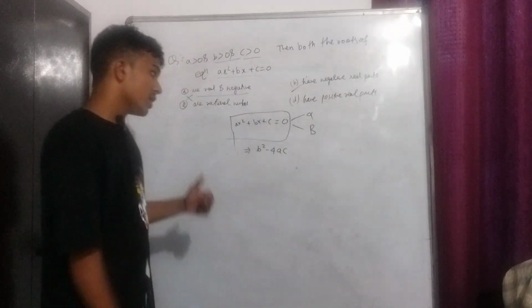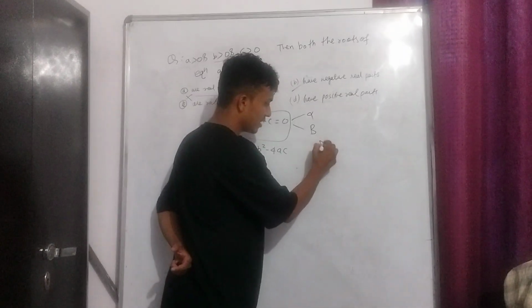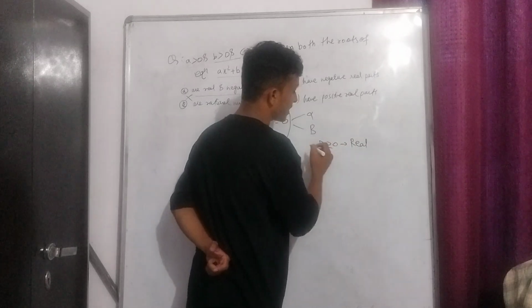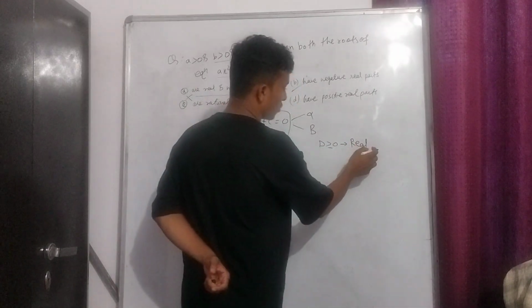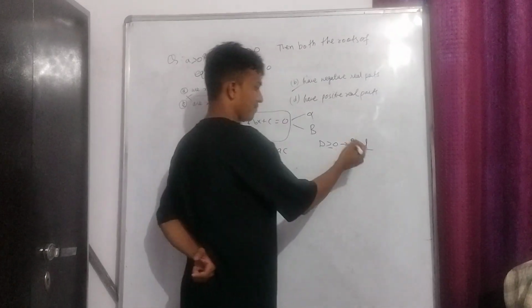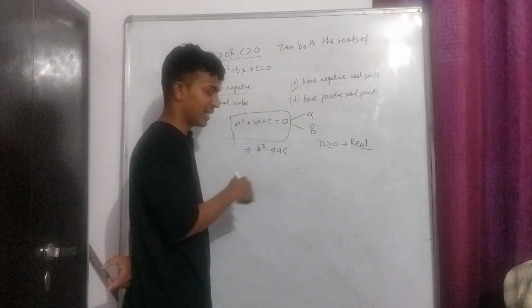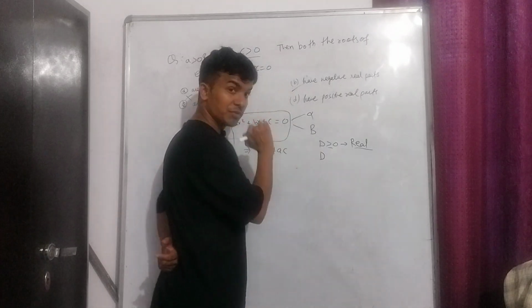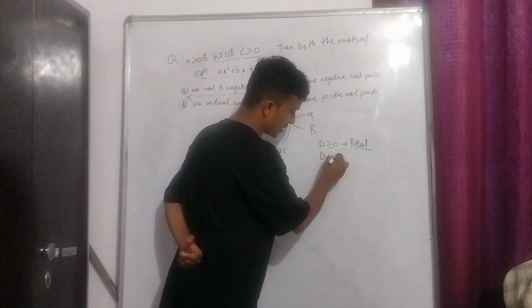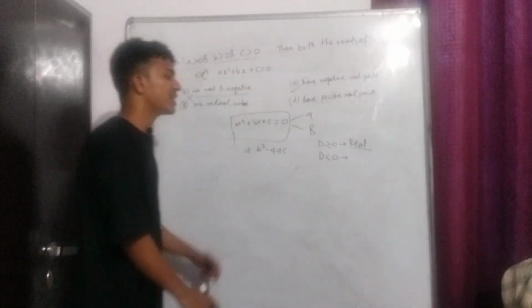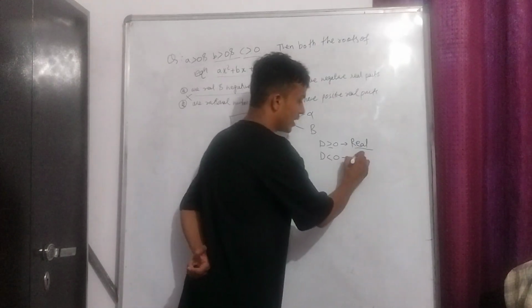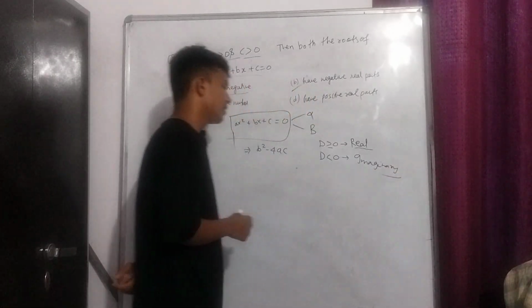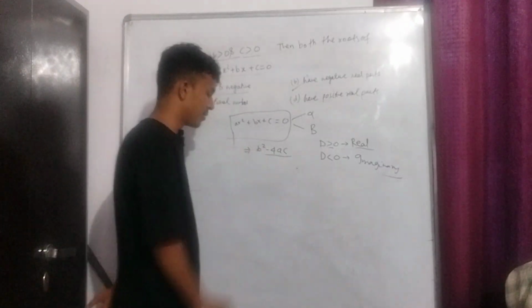If the discriminant is greater than or equal to 0, then we will say the roots are real. And if the discriminant, which I am denoting with D, is smaller than 0, then we will say its roots are imaginary.